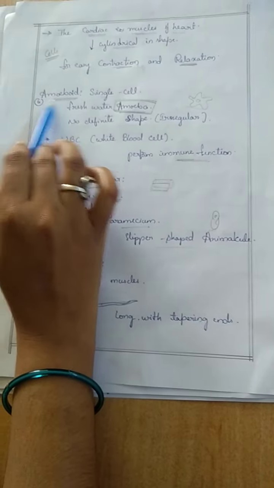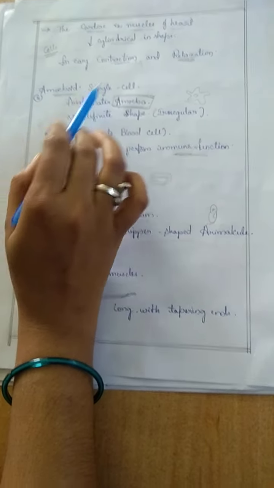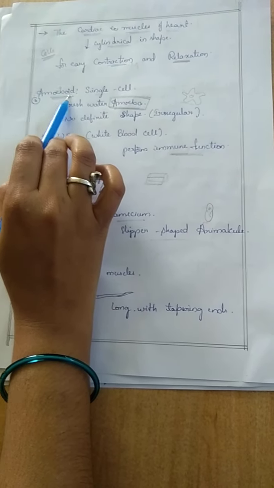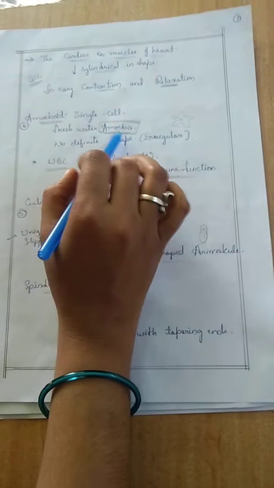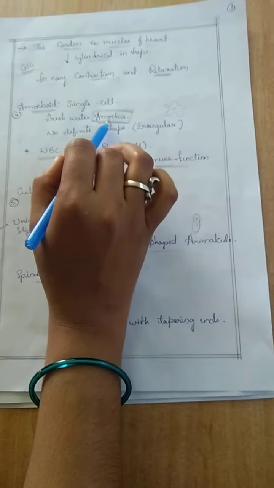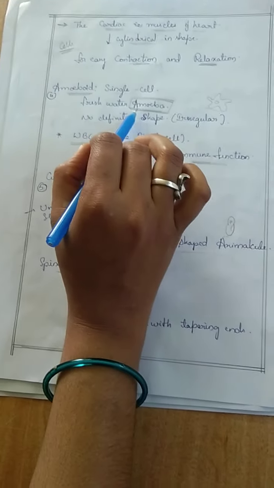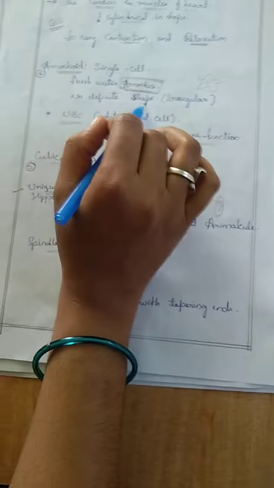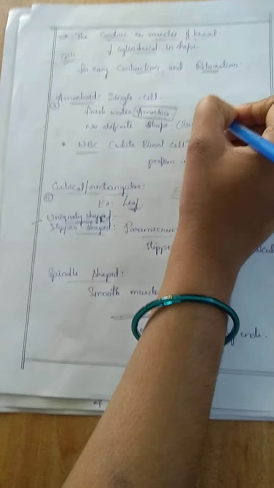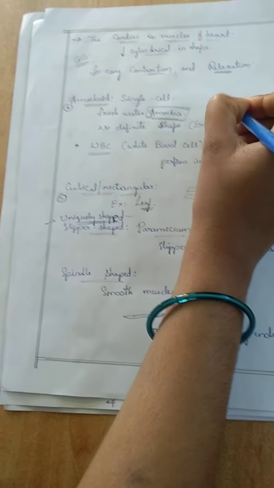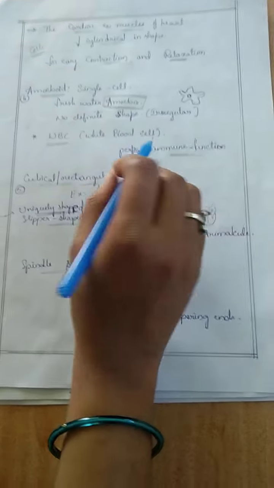And the next shape is amoeboid shape. We observe this amoeboid shape in freshwater amoeba, and it is a single cell organism. Amoeba doesn't have any definite shape. It is irregular in shape. This is the structure of amoeba.